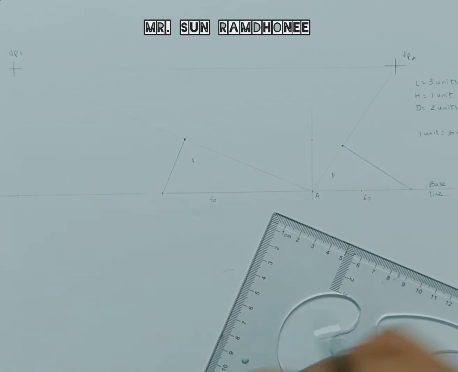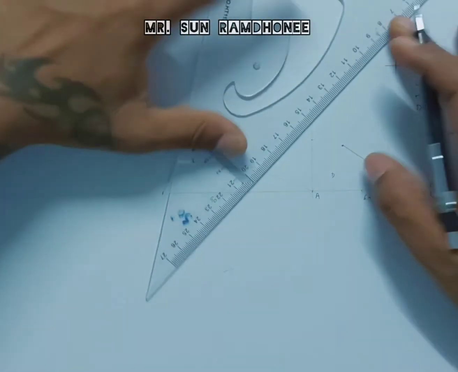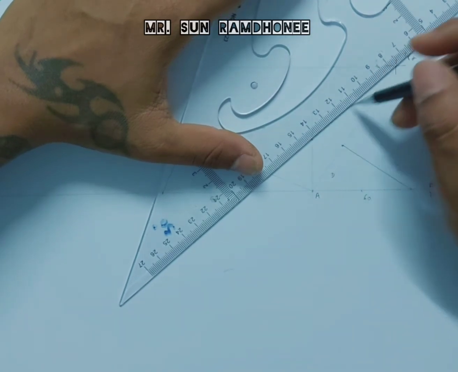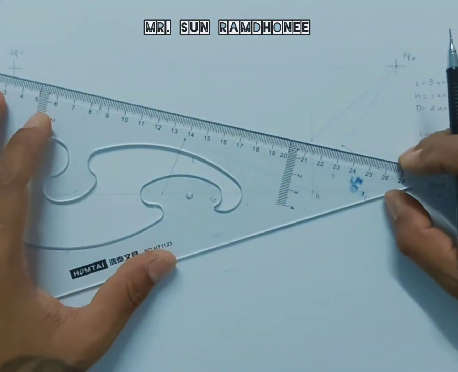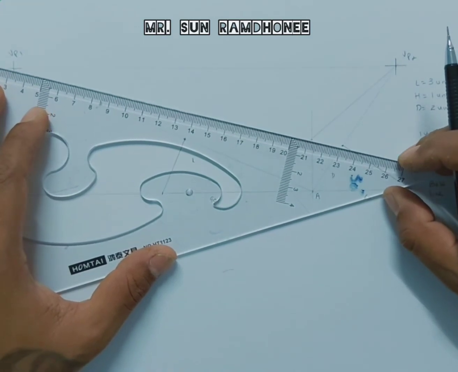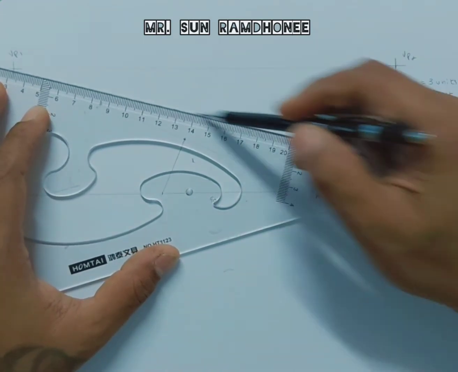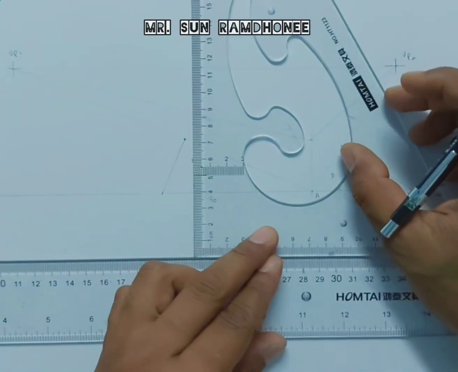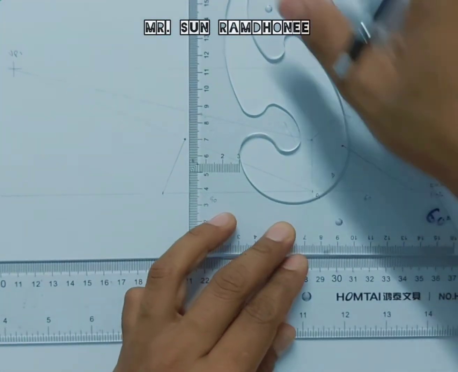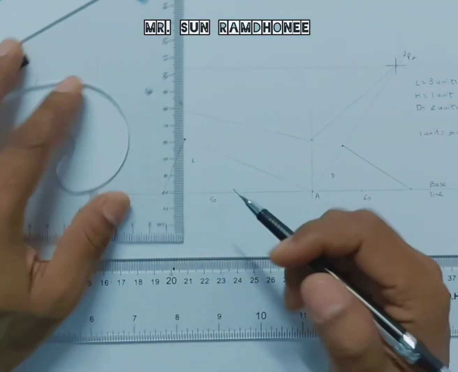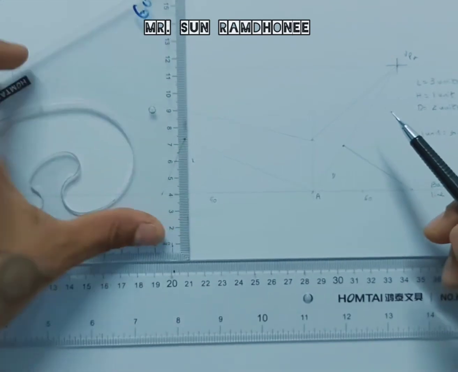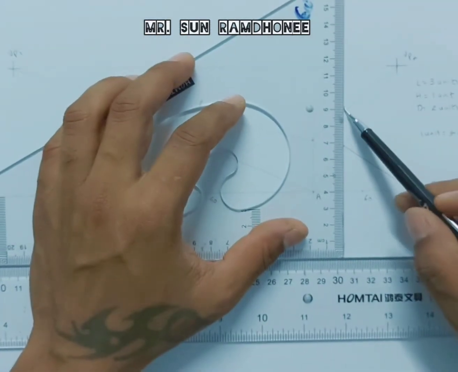Next, from this point we are going to join it to the vanishing point, and we are going to do the same. Now these 2 points, I'm going to draw them vertically here, and then I'm going to do the same here.